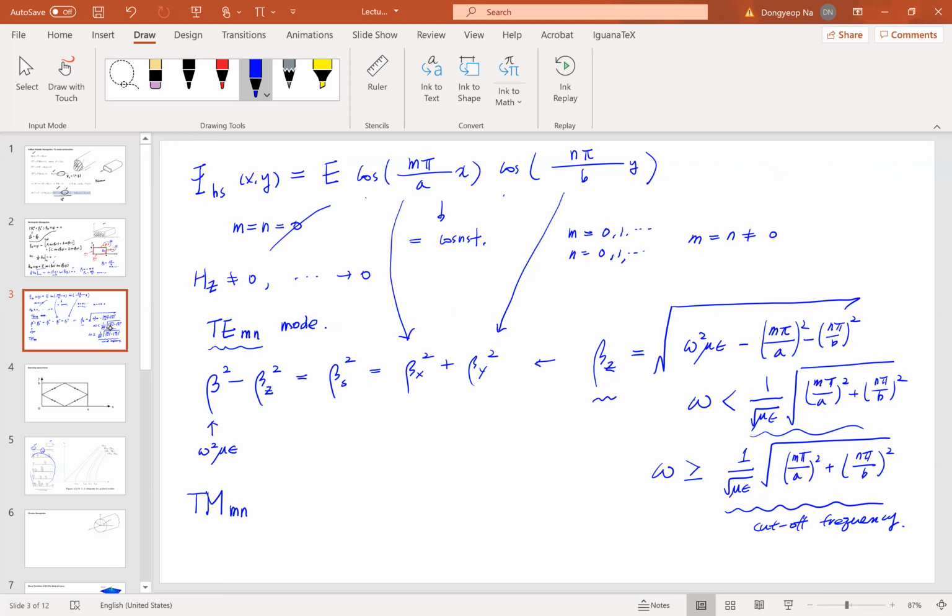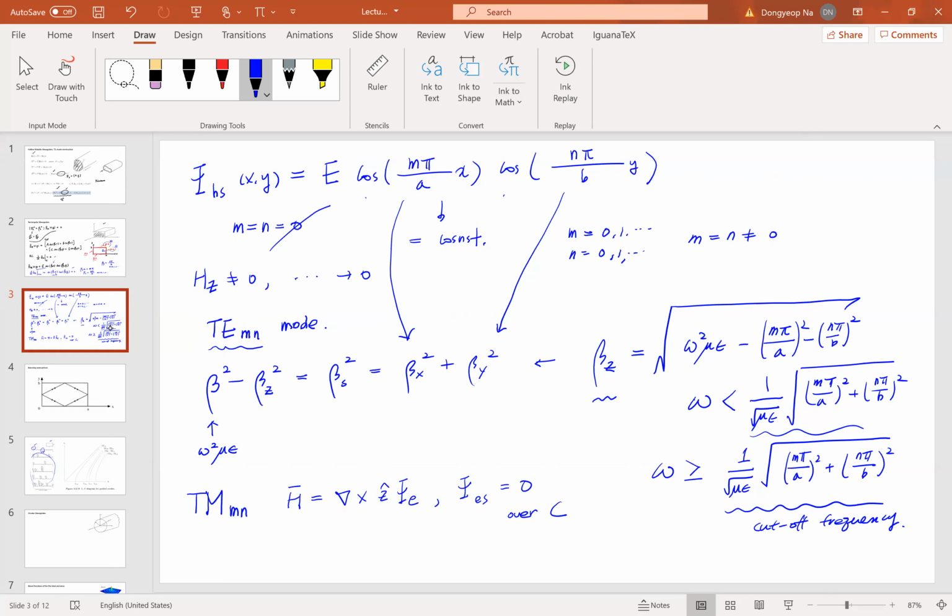In this case, the H field should be given by the curl of the Z component of the scalar field. And the boundary condition is just a Dirichlet boundary condition, which means that the transverse part is just zero over the surface of the transverse plane.